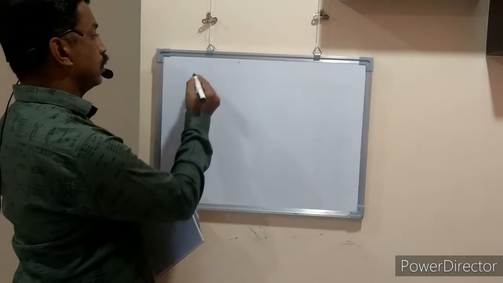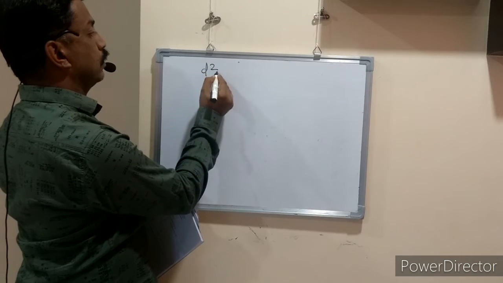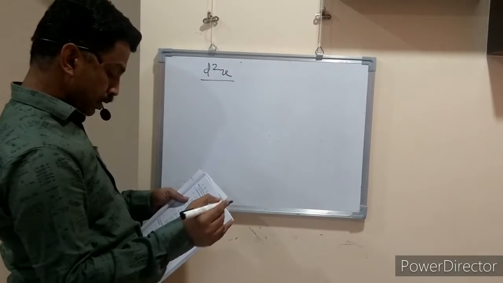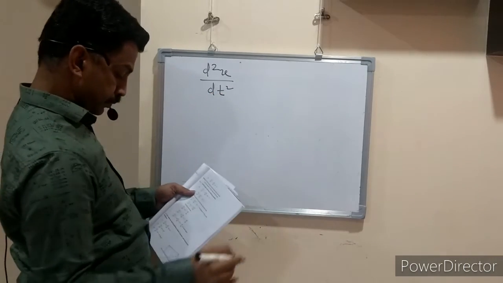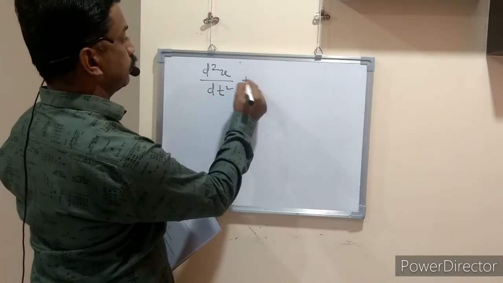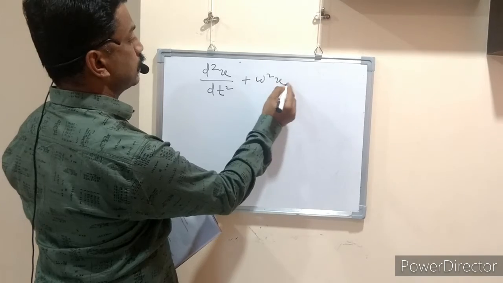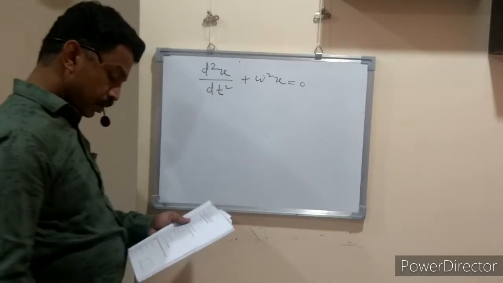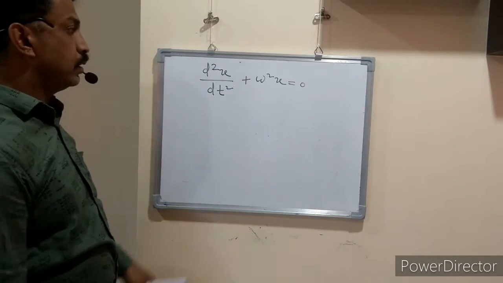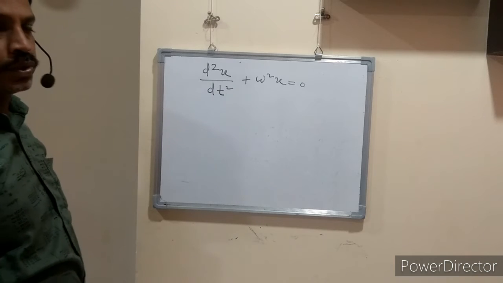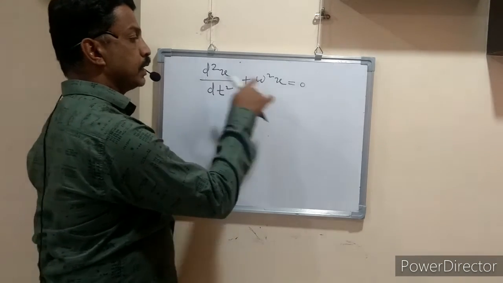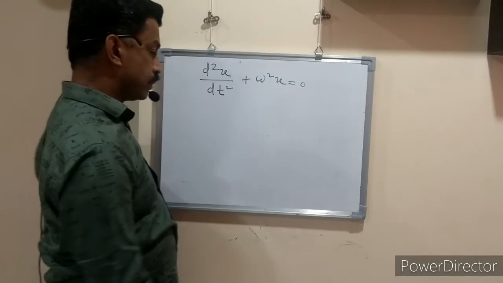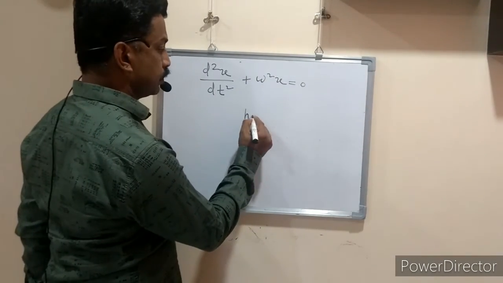Suppose d2x by dt square plus omega square x equal to 0. Now is this equation homogeneous, non-homogeneous, linear, non-linear? Here the dependent term is present in both terms, so it is homogeneous.